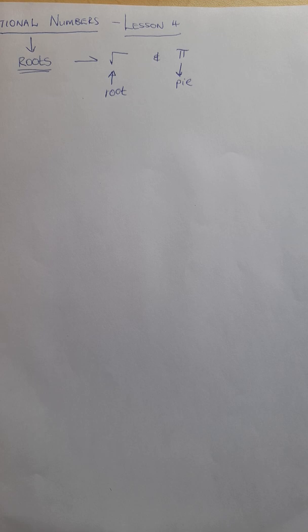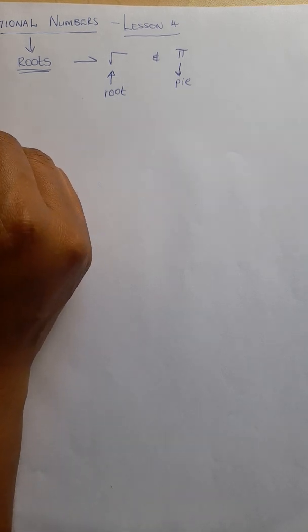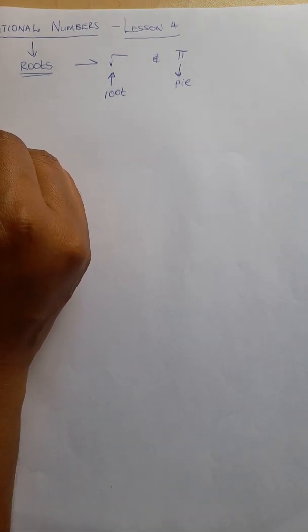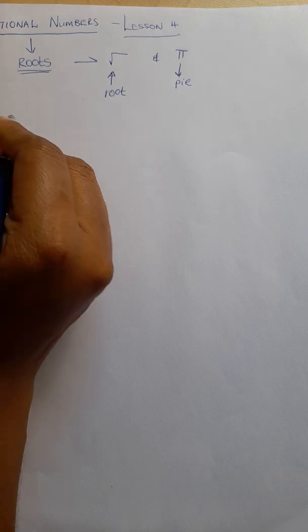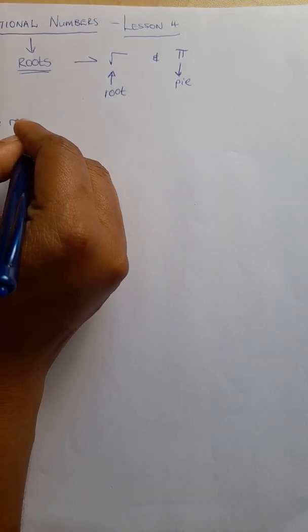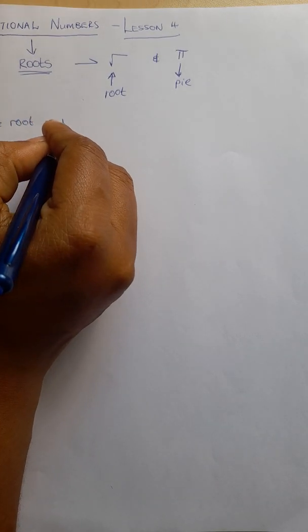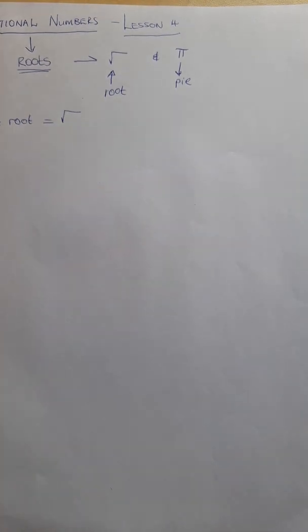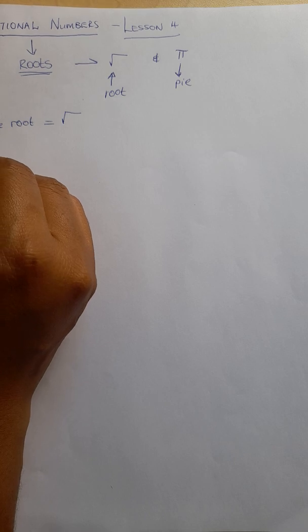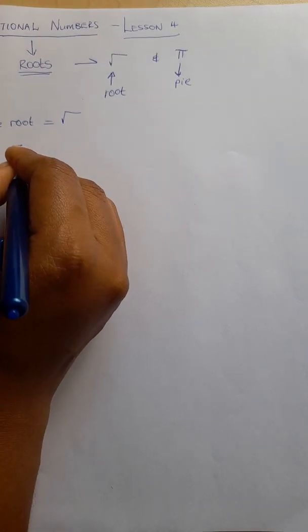So we've got different types of roots. I will make an example for you. Number 1, we have got a square root. That's how we write the square root. And we've got a cube root.